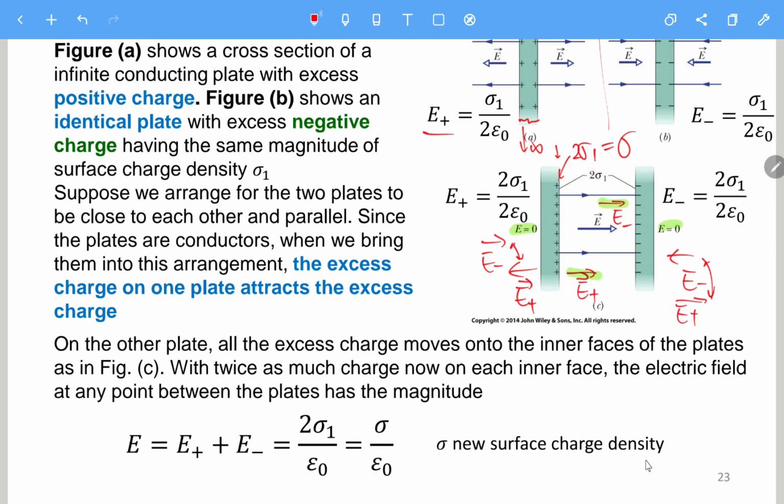This is the expression for what we can call a parallel plate, 平行的 parallel plate. P-L-A-T-E, parallel plate, 平行板. And in chapter 25, you will learn that this is actually called a capacitor, 电容.